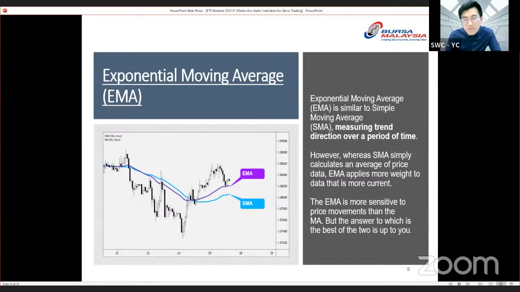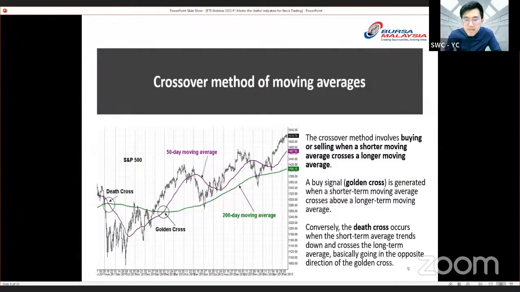Both types are okay, because we just use the moving averages to determine the trend, as I just mentioned. Whether you use EMA or SMA, the most important thing is the setup of it, meaning which days you use. Some of them use the long-term one, maybe 200 or 240, meaning the average of the 240 trading days of the prices.